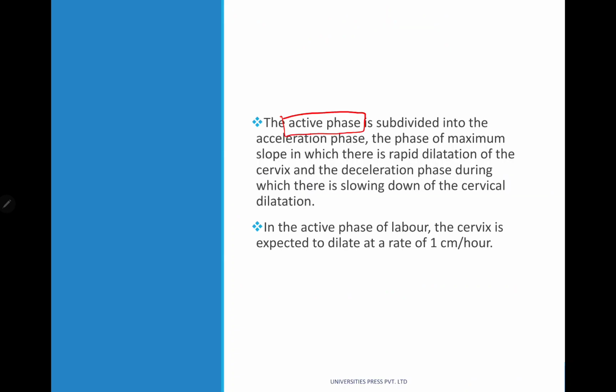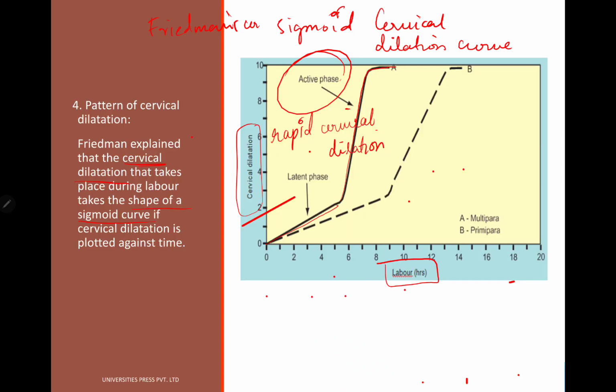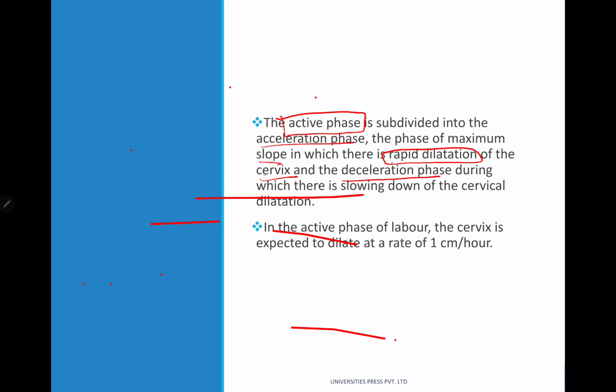The active phase is subdivided into an acceleration phase, the phase of maximum slope, in which there is rapid dilatation of the cervix, and the deceleration phase, during which there is slowing down of cervical dilatation.